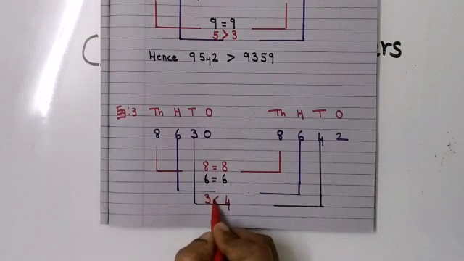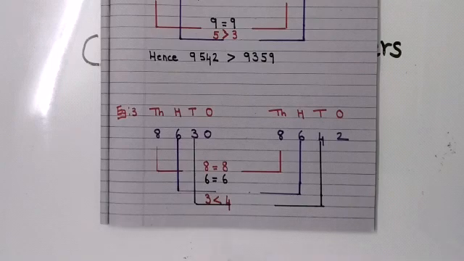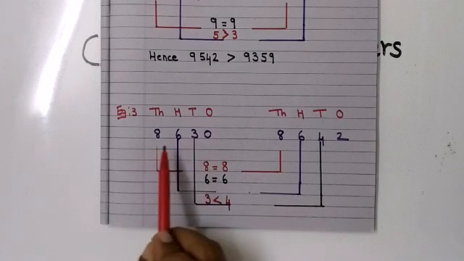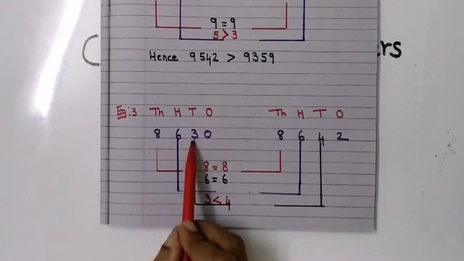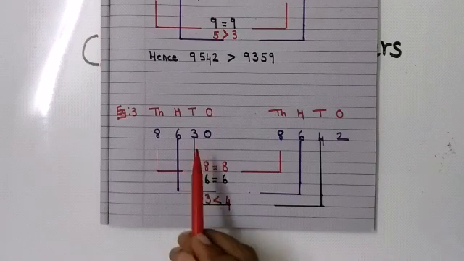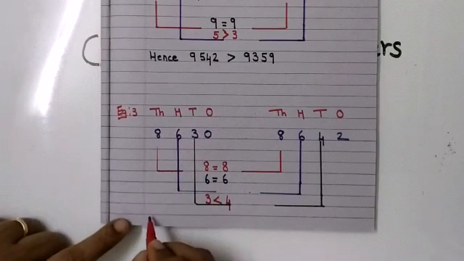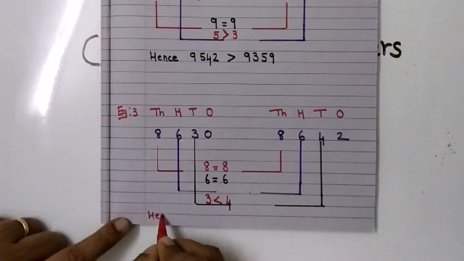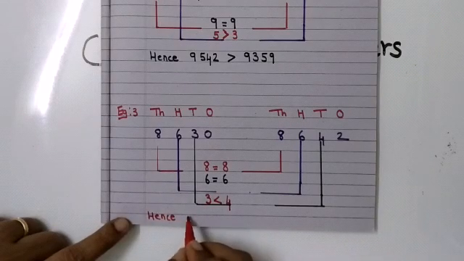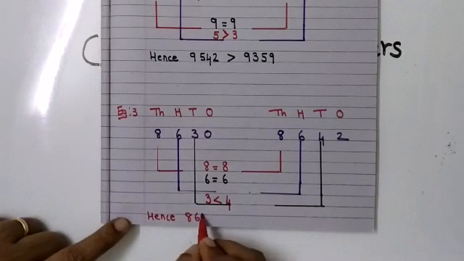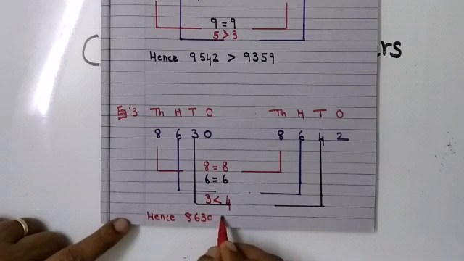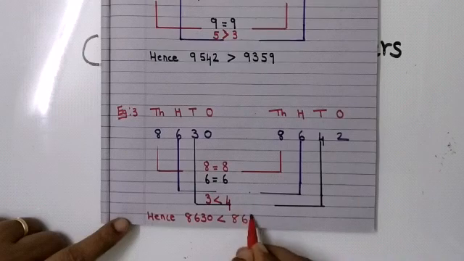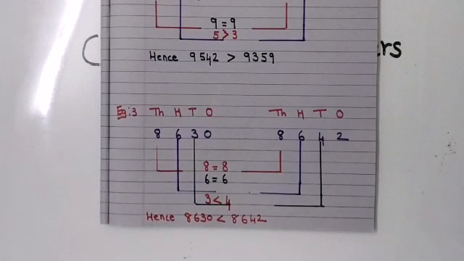So now what can I say about this number? Hence 8630 is less than 8642. Okay.